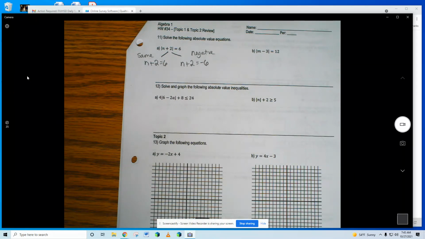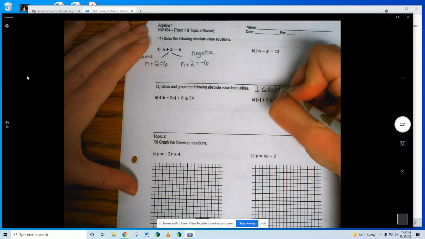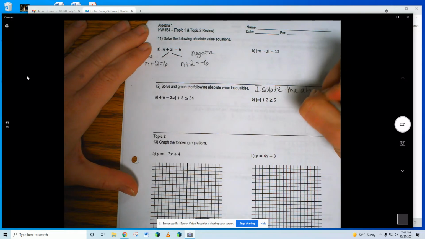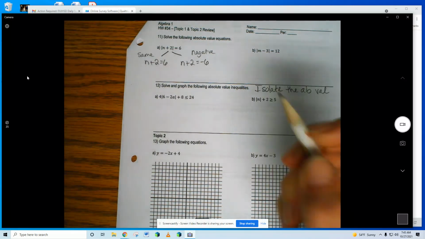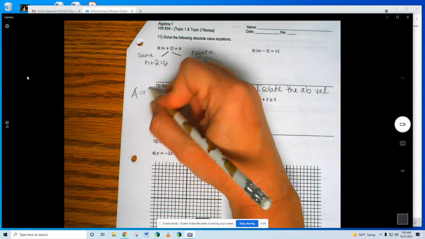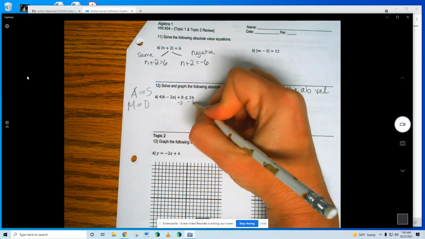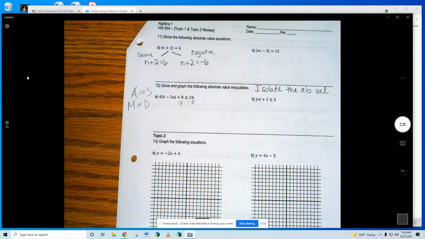I'm jumping to number 12. Number 12 has lots going on. Isolate the absolute value. So add or subtract first, and then multiply or divide. That means get rid of the 8 first. Don't distribute the 4.